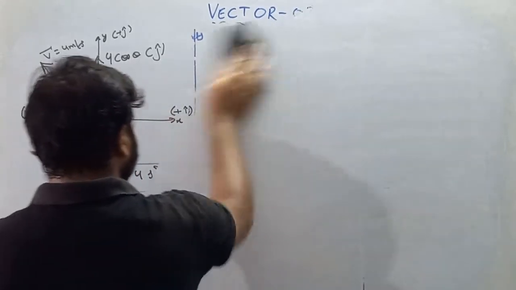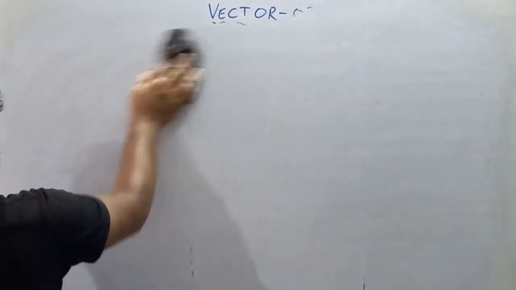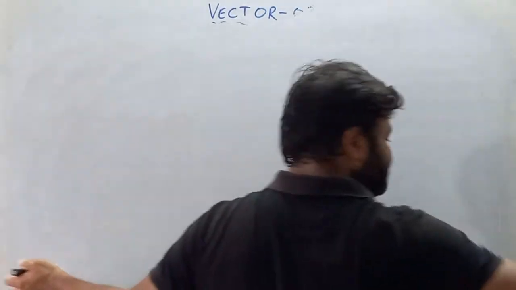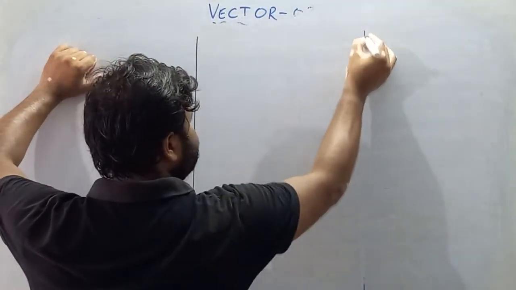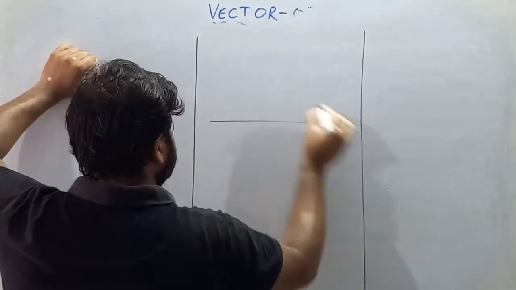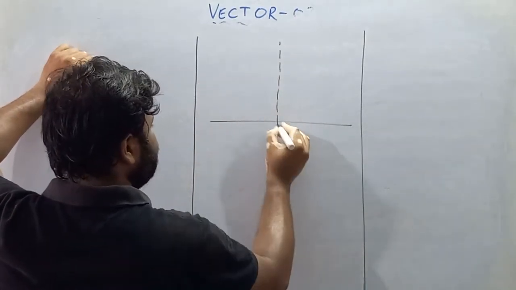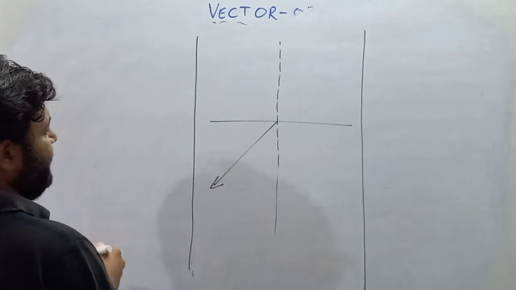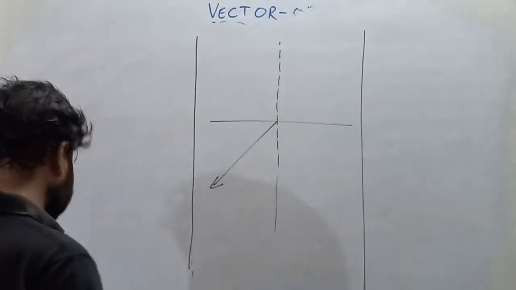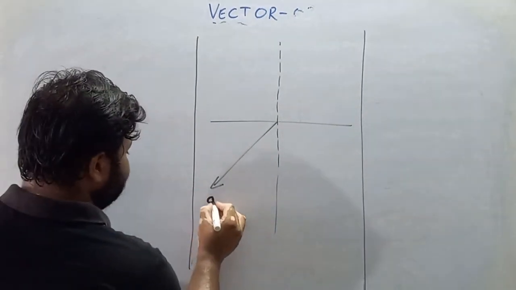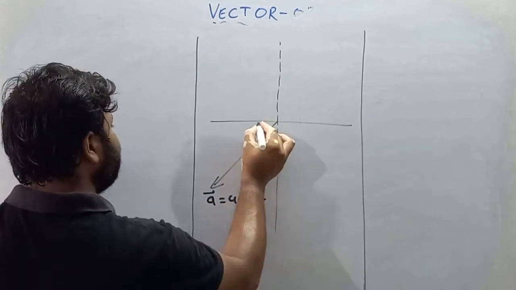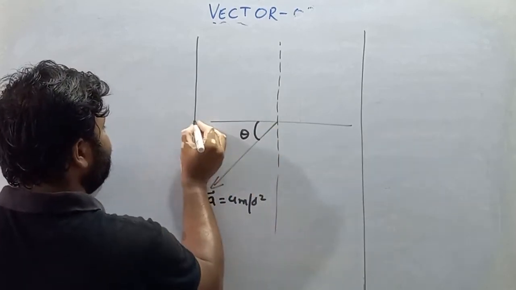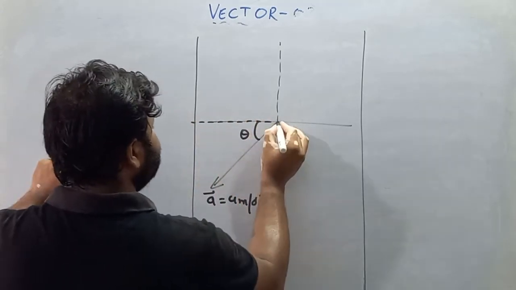Let us take one more example so that it will be clearer for you. Let's suppose any vector quantity is like this. Let's suppose I am taking the example of acceleration now. Let's suppose we have a particle which is accelerating, a vector, let's suppose 4 meter per second square, and the angle is theta, which is along the negative x-axis.